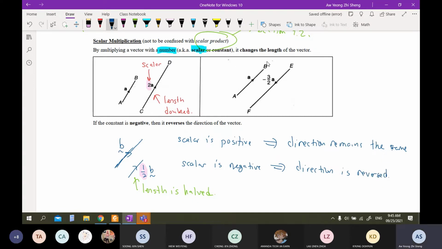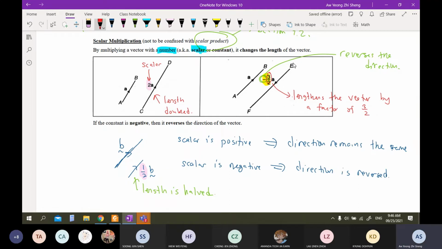The second diagram in the box here shows that when we multiply by a negative scalar, the negative sign itself reverses the direction, while the number 3 over 2 lengthens the vector by a factor of 3 over 2.